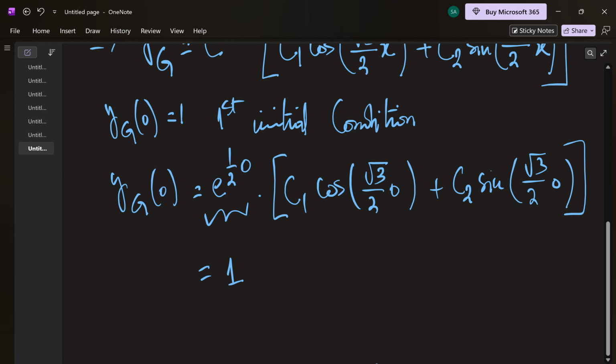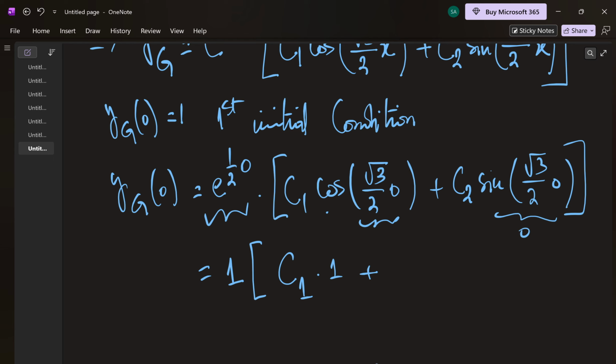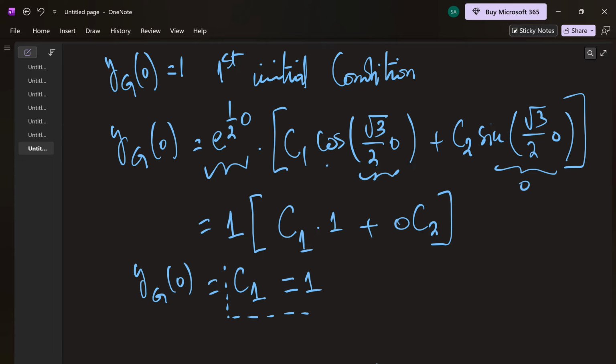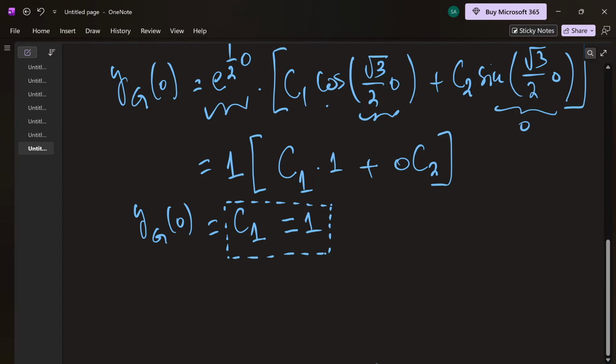Remember that exponential 0 is equal to 1, and cosine of 0 is 1, so we have c1 times 1, and the sine of 0 is equal to 0, so we have 0 times c2. So yg of 0 is equal to c1, and the initial condition is equal to 1, so indeed c1 is equal to 1.